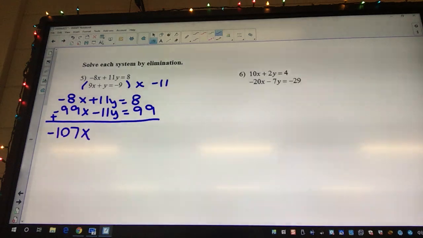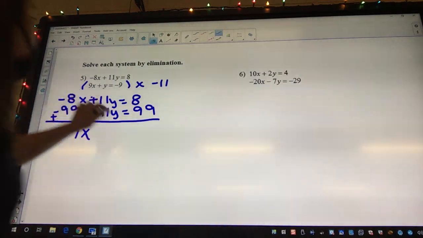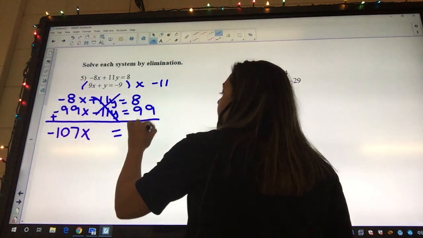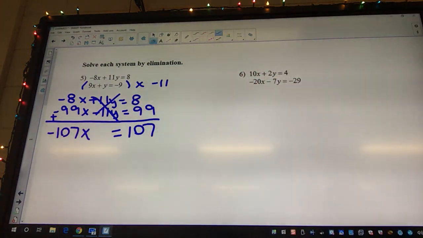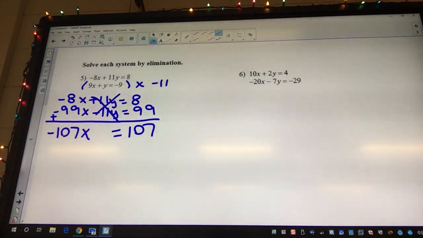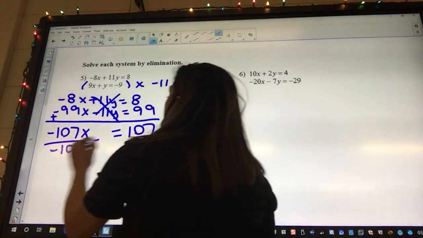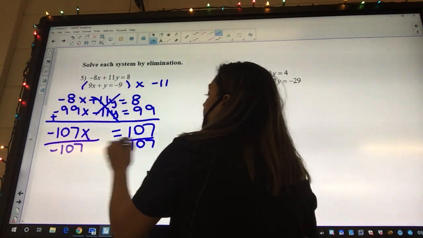One's a plus, one's a minus, so they cancel. 8 and 99 is going to give me 107. What's our next step? Divide. Okay. And what are you going to get? Yeah, x is going to equal negative 1.